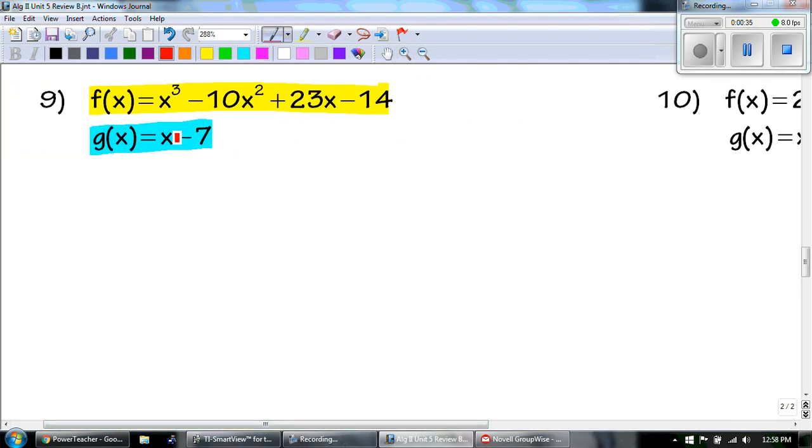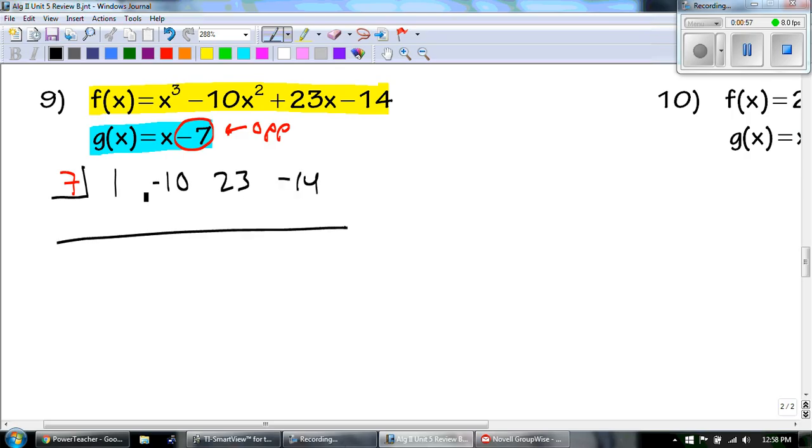When it tells us x minus 7 is one of the factors, this is when I use the opposite. So over here I'm using a positive 7, and now I'm going to look at all the coefficients, which is a 1, negative 10, 23, and negative 14.